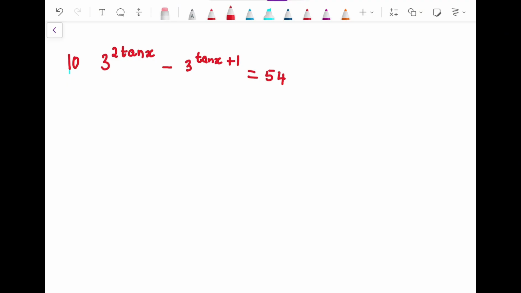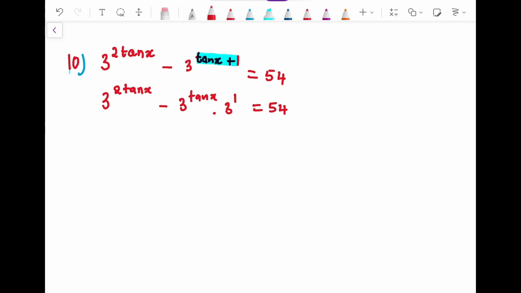Number 10, again, we are required to solve for x. Now, here again, we can start by splitting this one, and then this can be written as 3 to the exponent 2 tan of x minus 3 to the exponent tan of x multiplied by 3 to the exponent 1 is equal to 54.